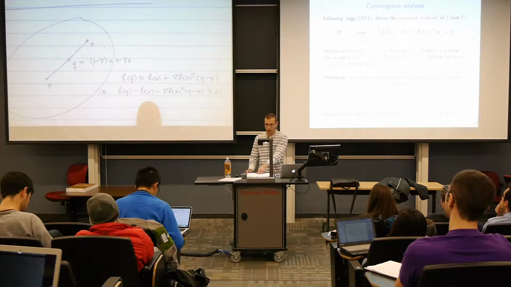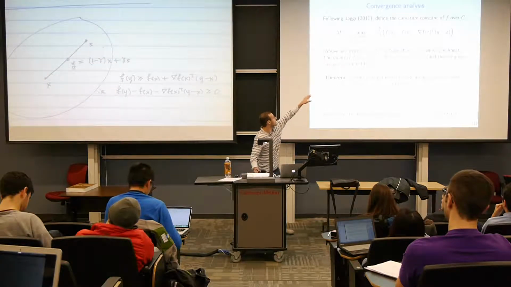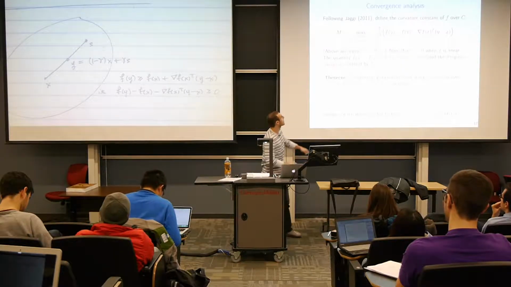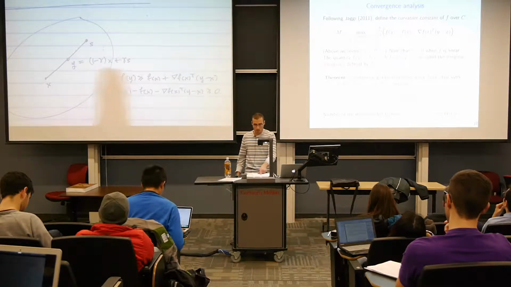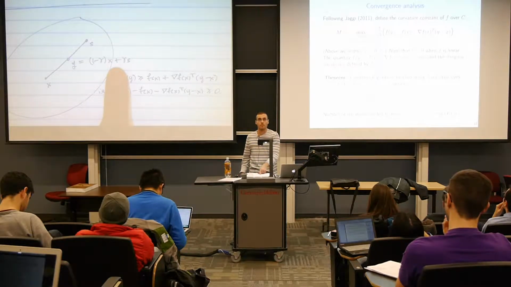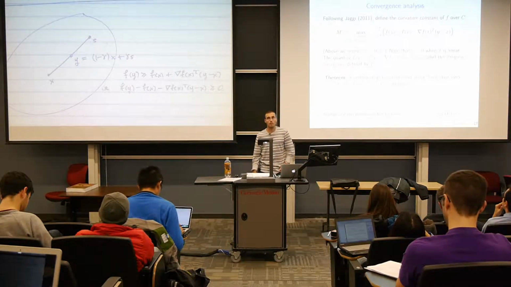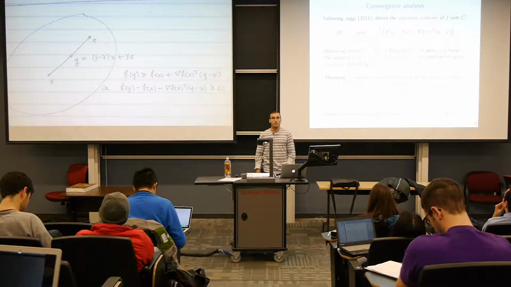How big can this quantity be over all points x, s, and y of this form in my constraint set? That is precisely what the curvature constant is measuring. And we just have some scaling here, 2 over gamma squared, that accounts for this choice of gamma. We're going to see in the next slide this is very closely connected to the gradient being Lipschitz. I just wanted to pause so that you can digest that definition for a second.